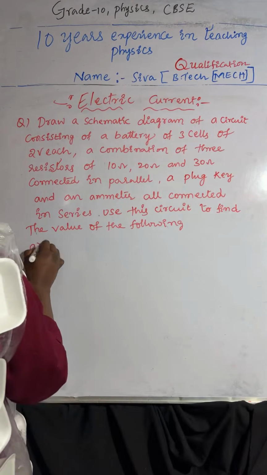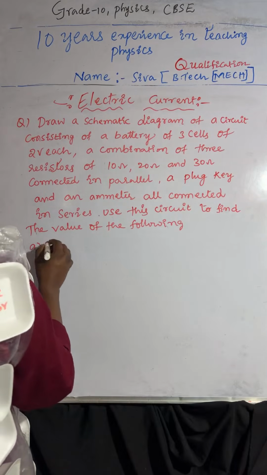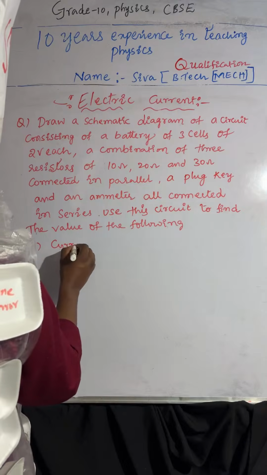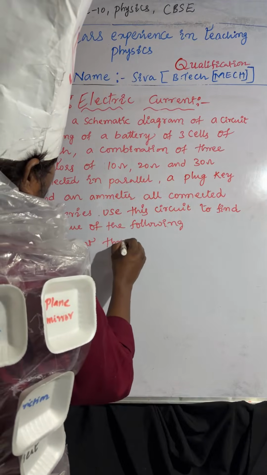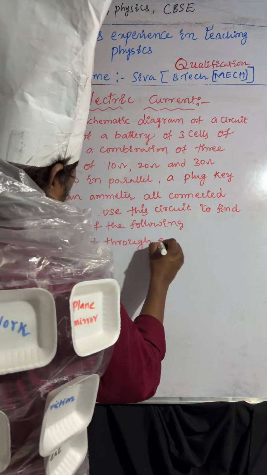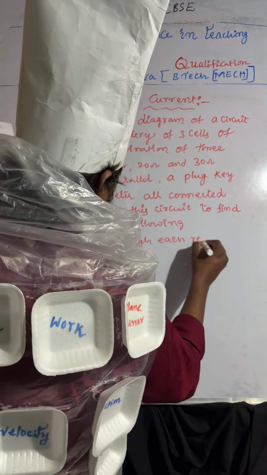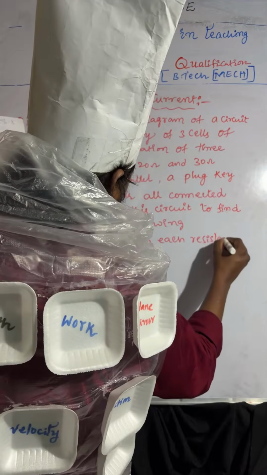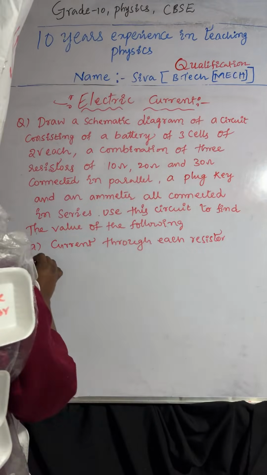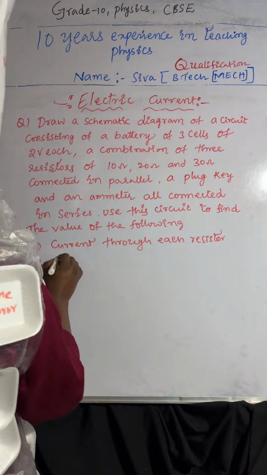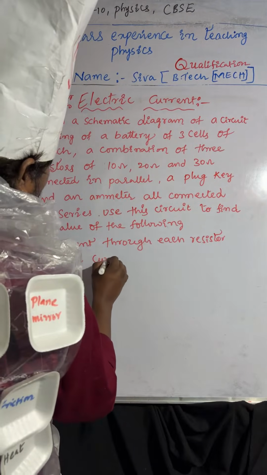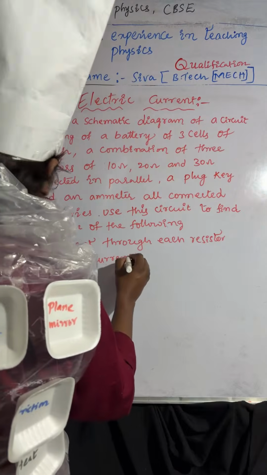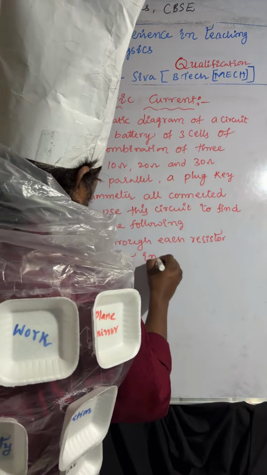First you have to find out the current through each resistor. Second, the total current in the circuit.